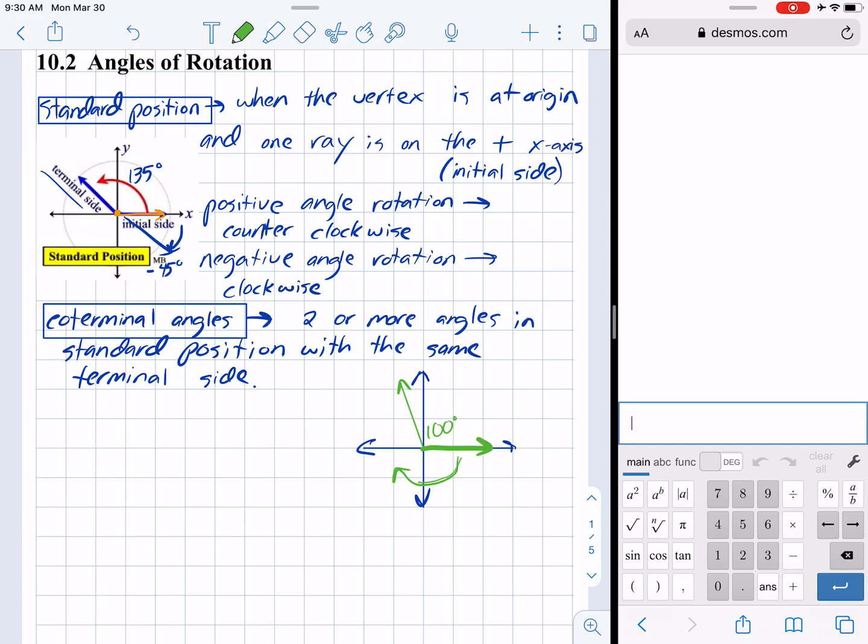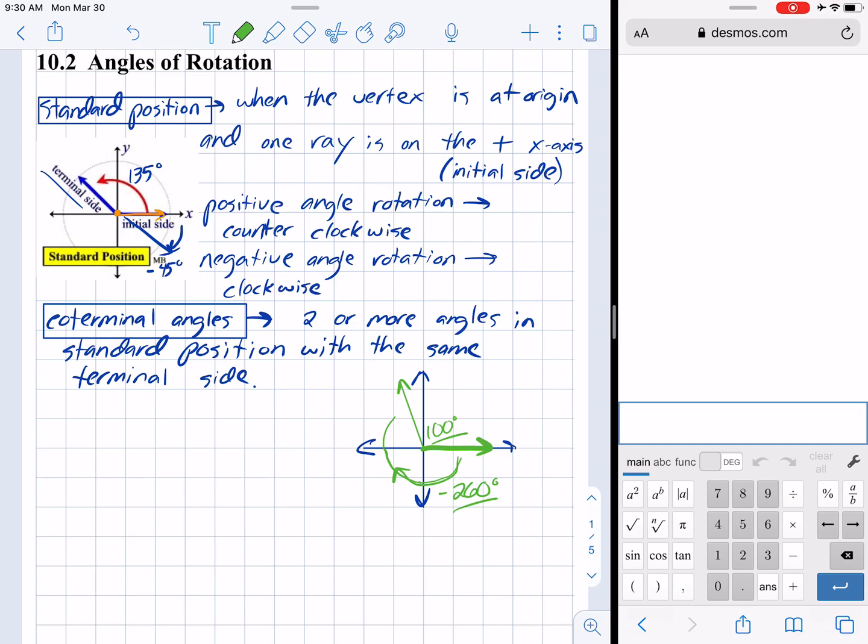Remember, horizontal and vertical lines, 90-degree angles. Negative 180 to form a straight line. And then this last part would be our negative 270, and 100 degrees is just 10 less than 270, so negative 260 degrees. 100, negative 260, both coterminal angles. They finish in the same position.